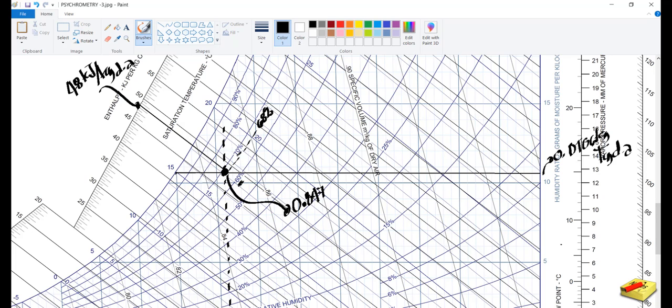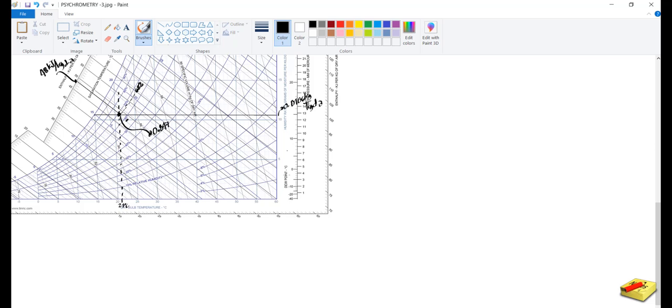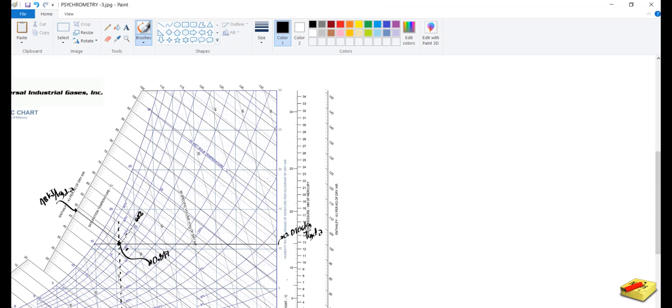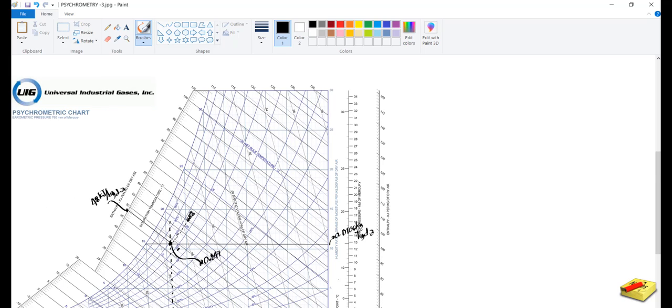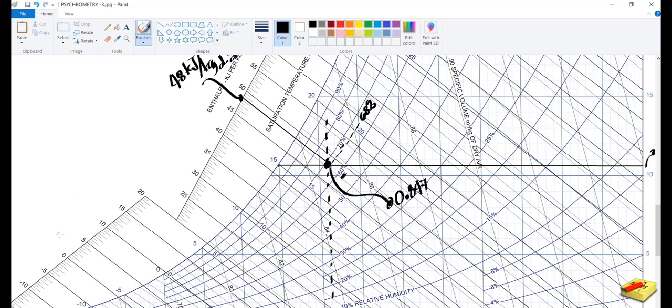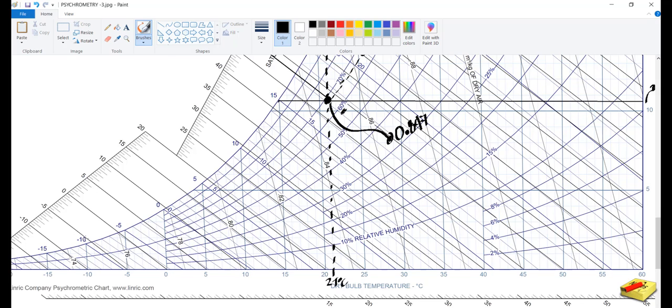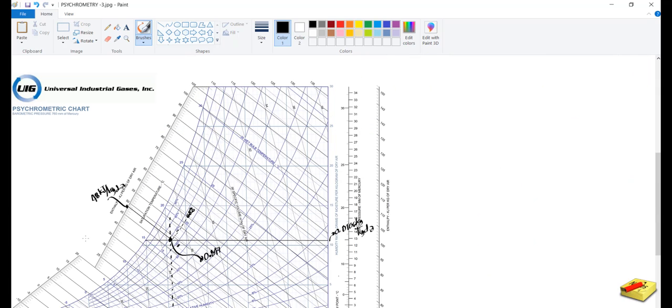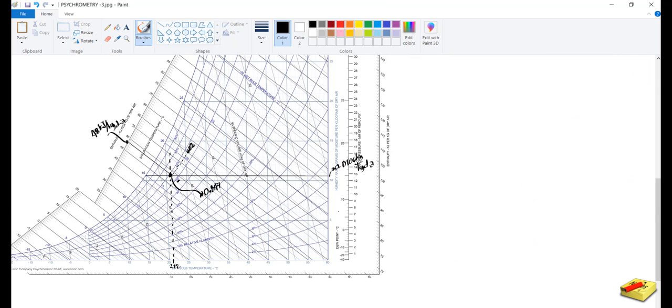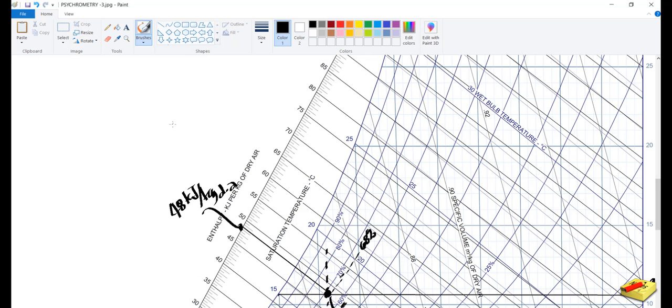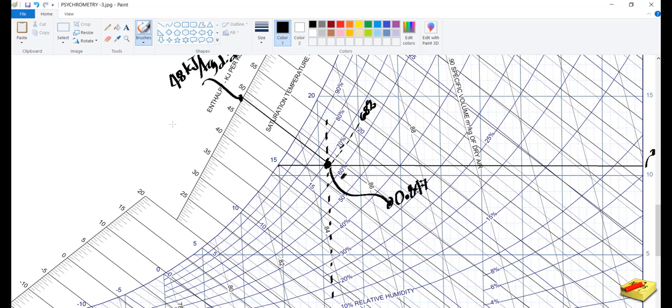Then the percent saturation, I don't think we have that one in here. Not shown here.